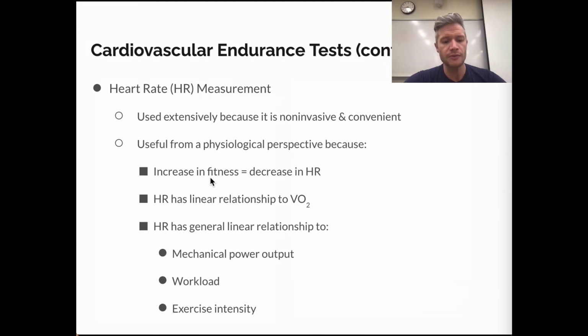So if you put yourself on a spin bike and you are pedaling at 200 watts for 20 minutes, and normally your heart rate is 165, after 6 to 8 weeks of training, you're doing your 200 watts for 20 minutes and you notice your heart rate is now 160, 155. That's an indication of an improvement of fitness. Okay. We also know heart rate has a linear relationship with VO2.